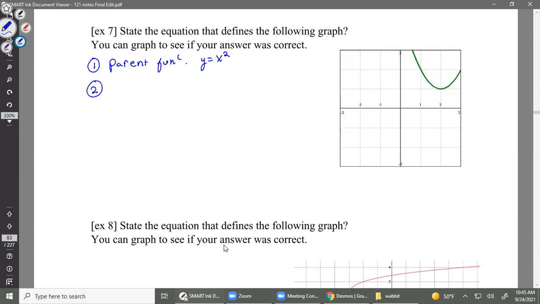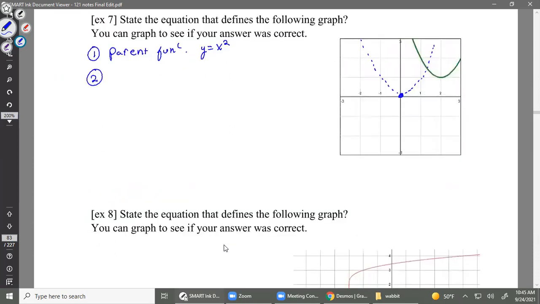The second thing is, an x squared looks something like that. How did x squared get shifted? Yeah, over to the right 2 and up 1.